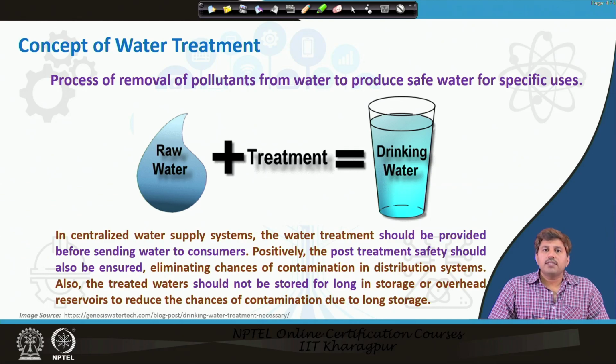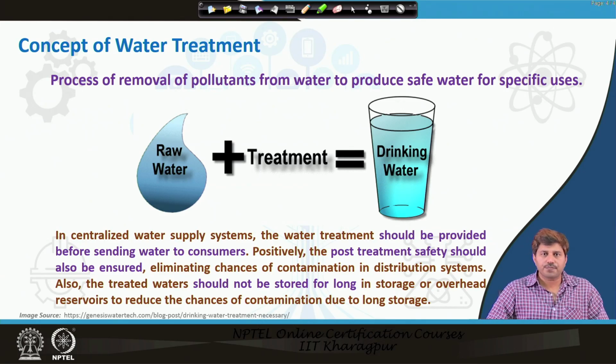The municipal water supply systems have a focus on supplying water for household uses, and the typical household uses of water should be meeting the drinking water quality criteria, because water is used for drinking and cooking in the houses, so we are ingesting that water either directly or through food.